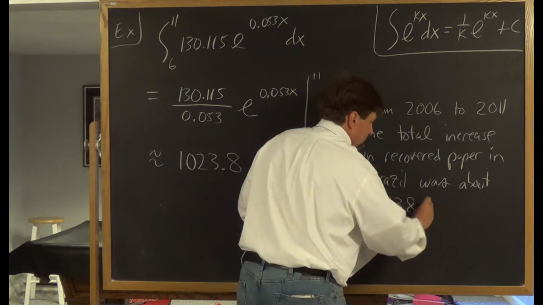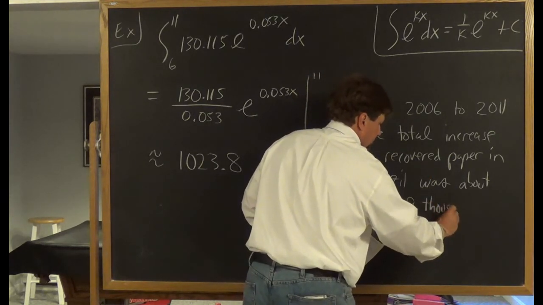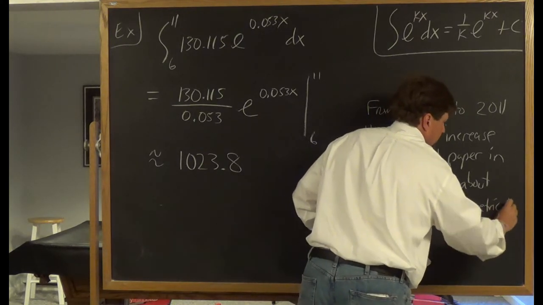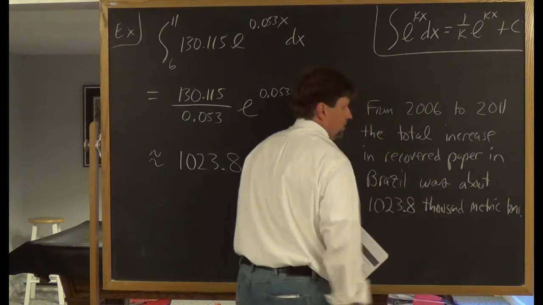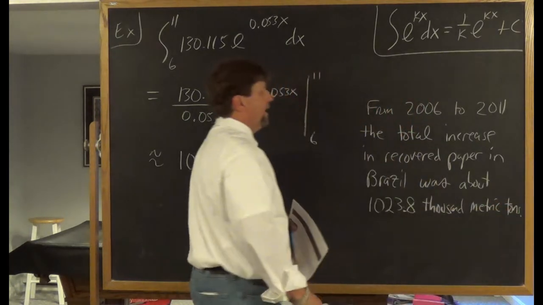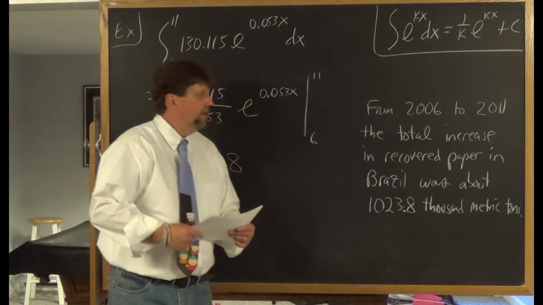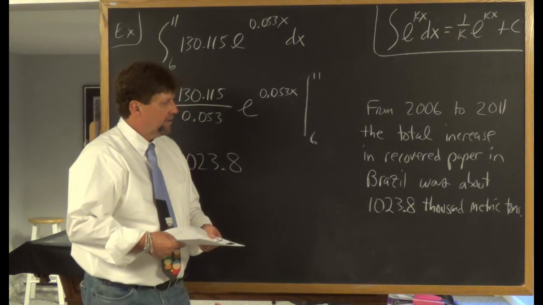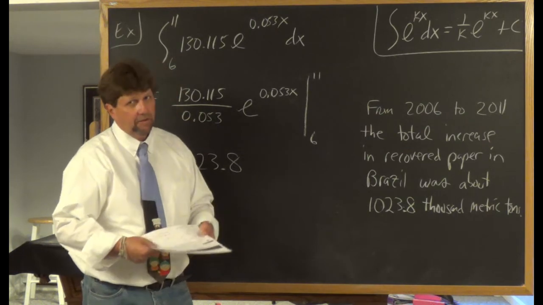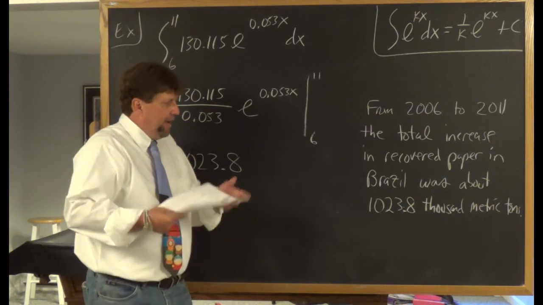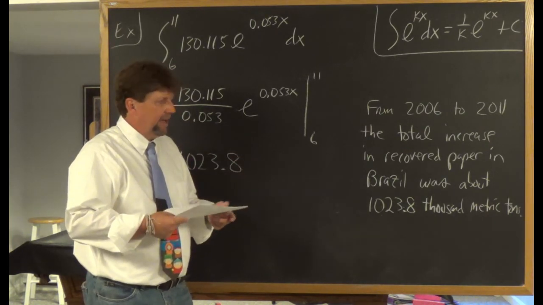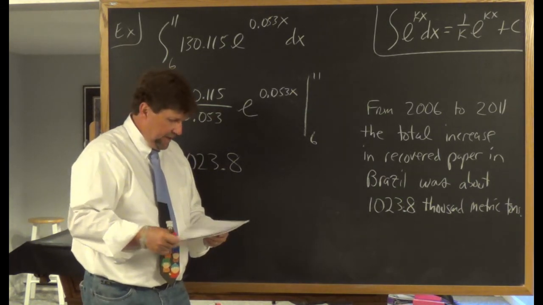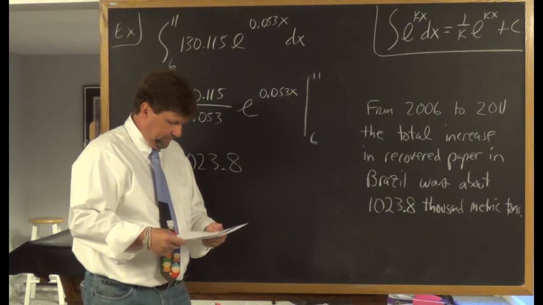Now that was in thousands, and it was metric tons. So from 2006 to 2011, the total increase in recovered paper in Brazil was about 1,023.8 thousand metric tons. I don't know if you want to say 1.0238 million metric tons. I like that, 1,000 metric tons.